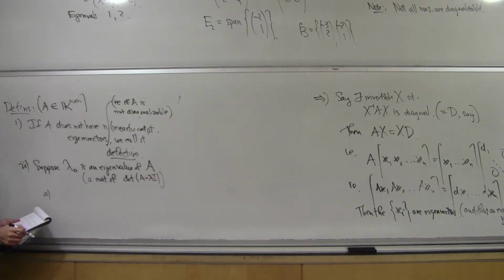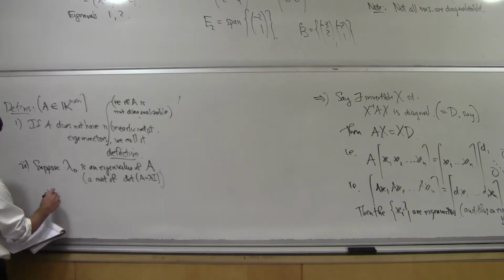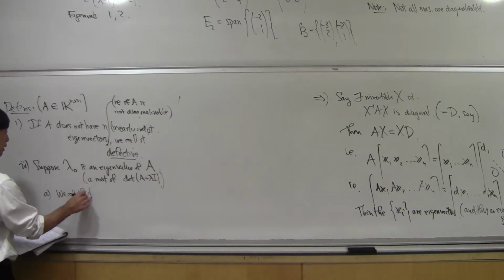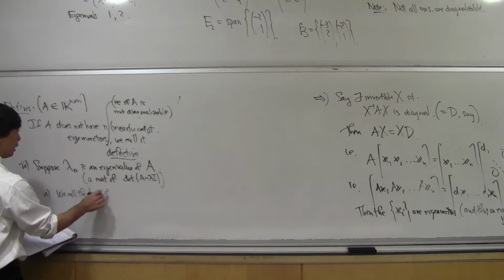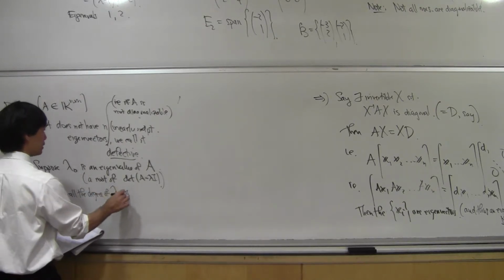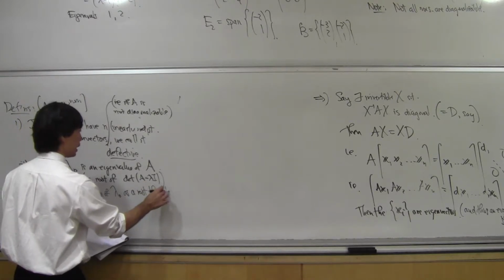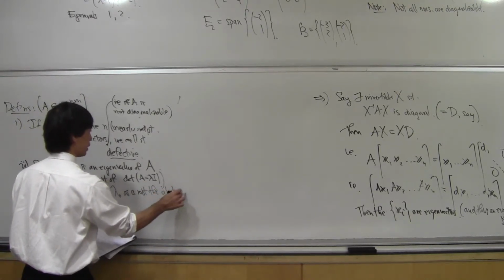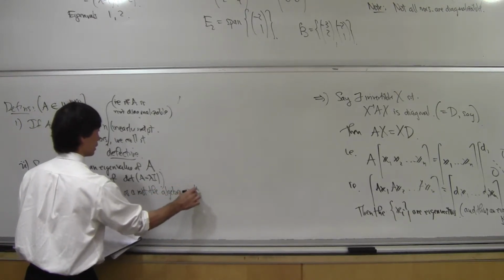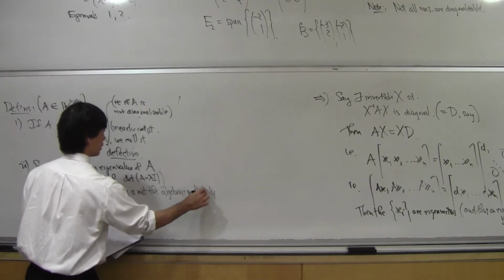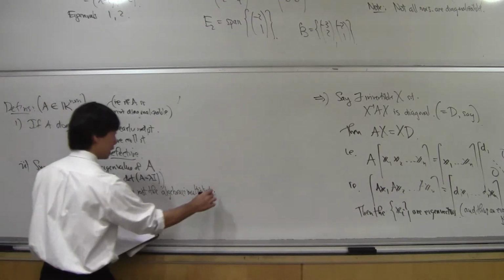So, definition A: we call the degree of lambda naught as a root the algebraic multiplicity of lambda naught.